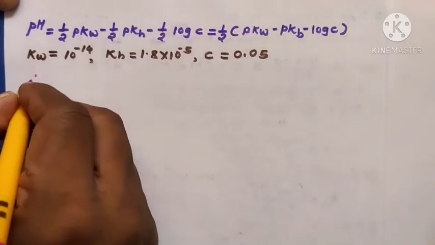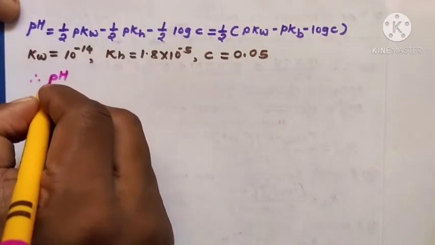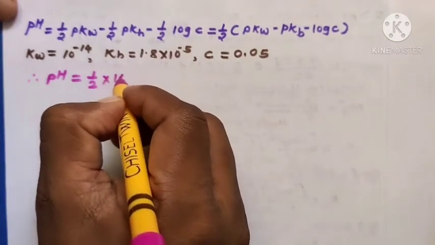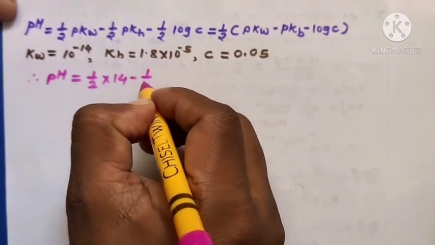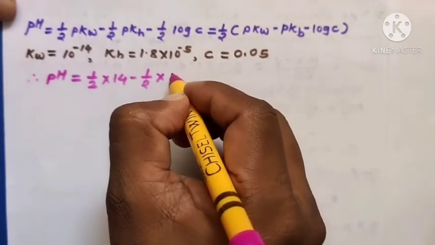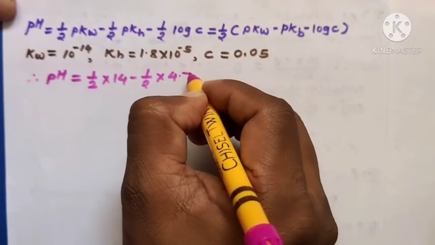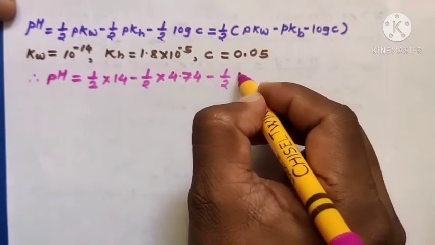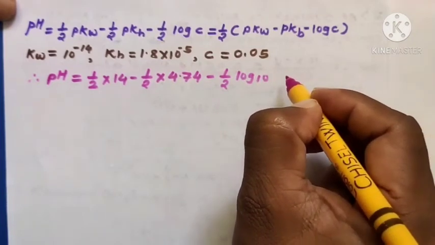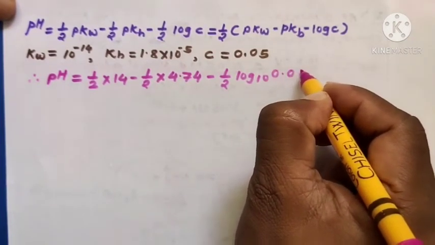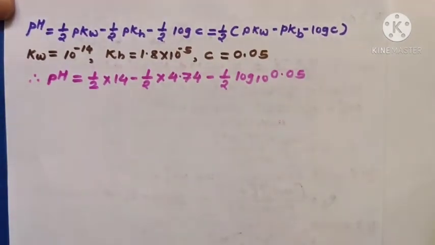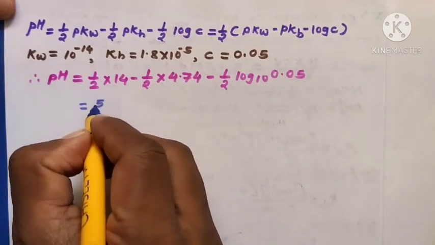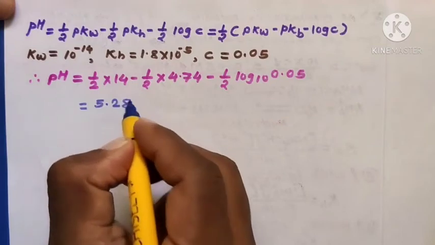Therefore the pH is equal to half into 14 minus half into 4.74 minus half log to the base 10 into 0.05, which gives 5.28.